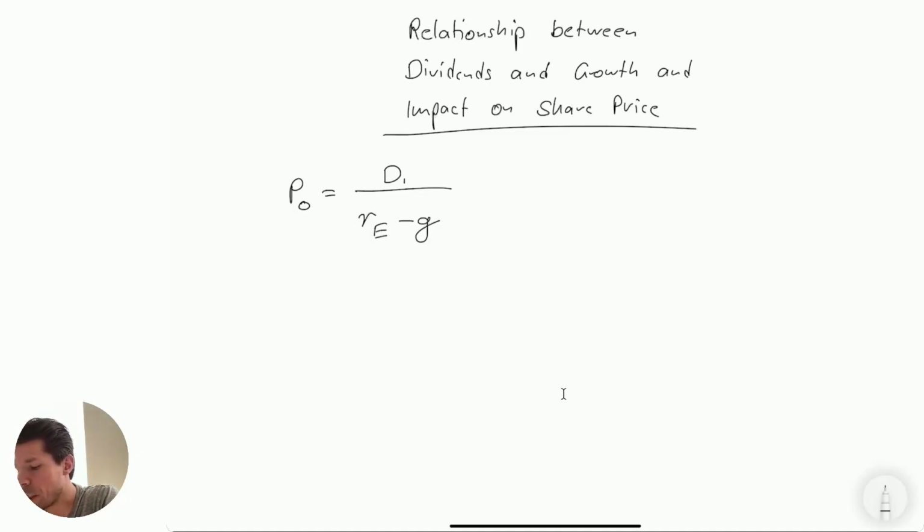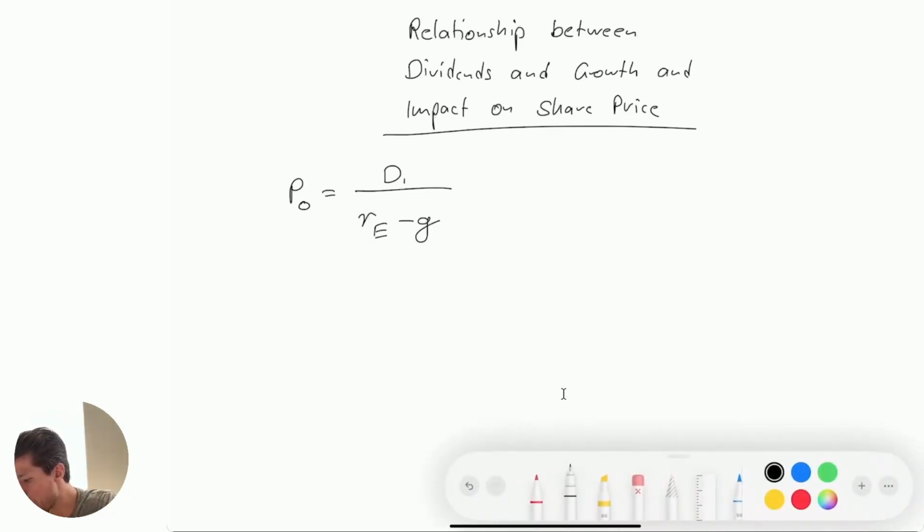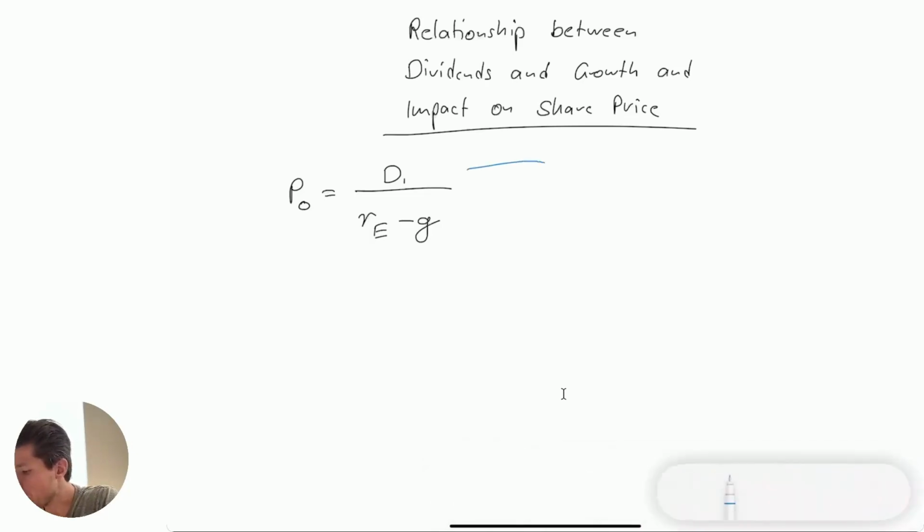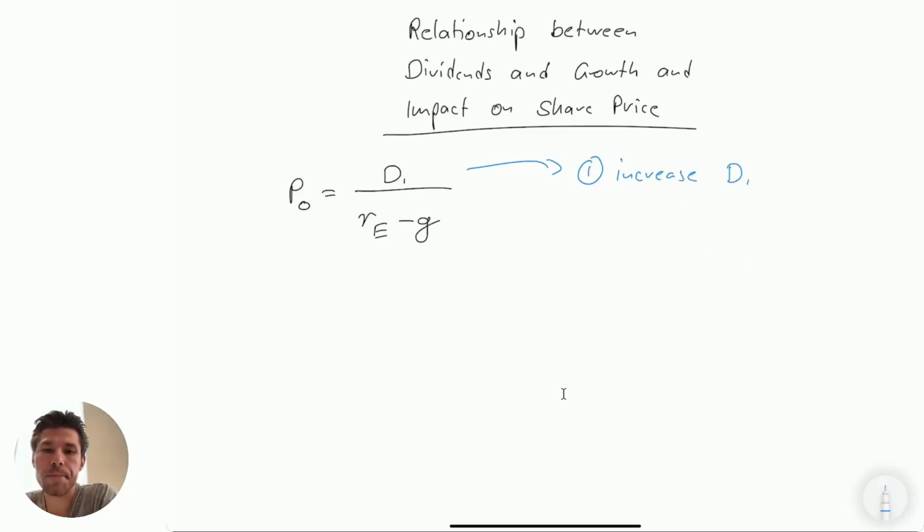And the key question here: how can we increase the stock price? If we just look at the formula without thinking much, there are two ways of doing this. First, very easy, increase D1. If we increase D1, then the share price would be higher.